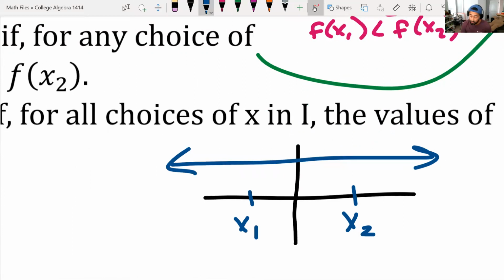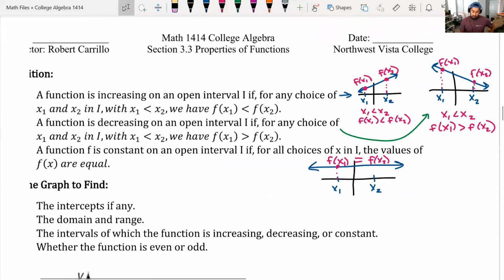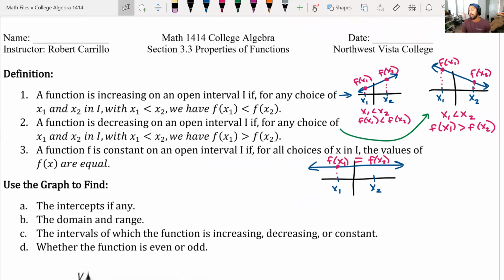There's my constant graph. And what this says is that f of x1 and f of x2, if our graph is constant, then these y values are equal. That's it. Okay, cool. So that's what intervals of increase, decrease, and constant are. So let's try it out.